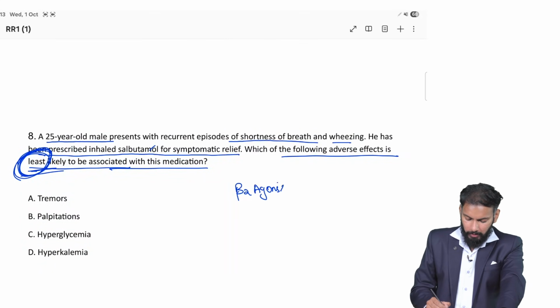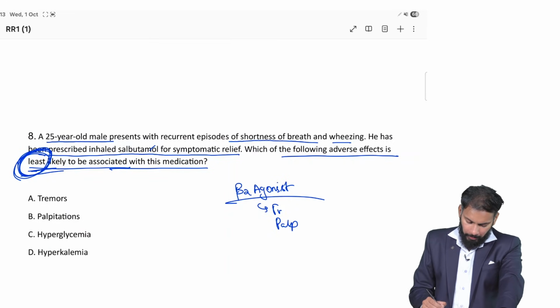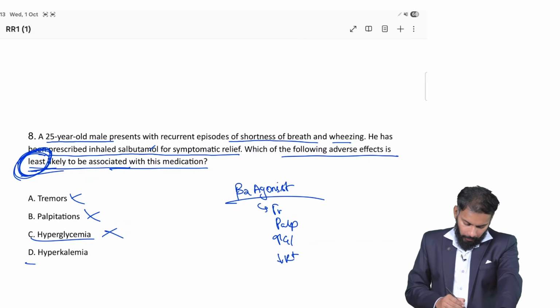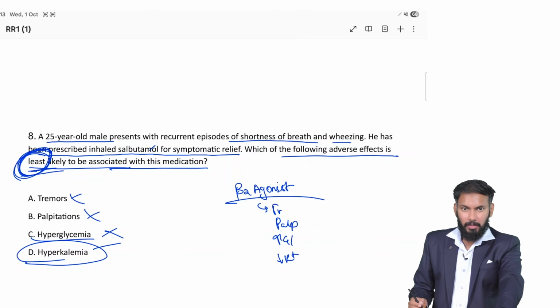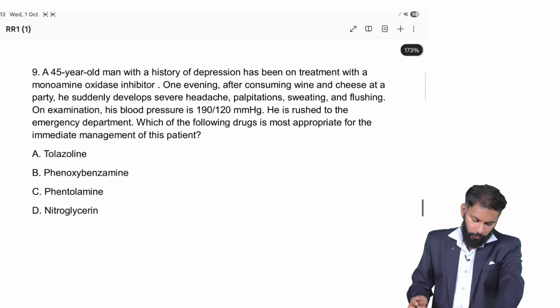I have already told you, this question has been asked so many times. Beta-2 agonists will cause tremors and palpitations. So these are not the answers. It will also increase the glucose. Yes, hyperglycemia, not the answer, but it will decrease the potassium. Hyperkalemia, this is the answer. This is not seen. Hypokalemia is seen. Did you understand? Now, going to the next question.